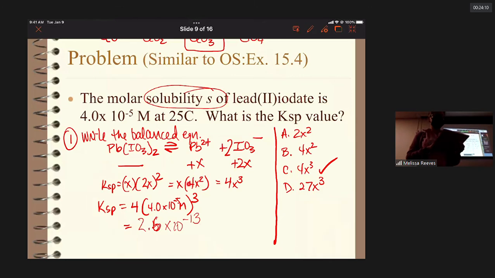And so when you have quantity 2x squared, that turns into 4 times x squared. It's really common to write this down and forget to square the 2 and to write a 2x squared, which is why I put that answer up there. It's really easy to forget to square that too.